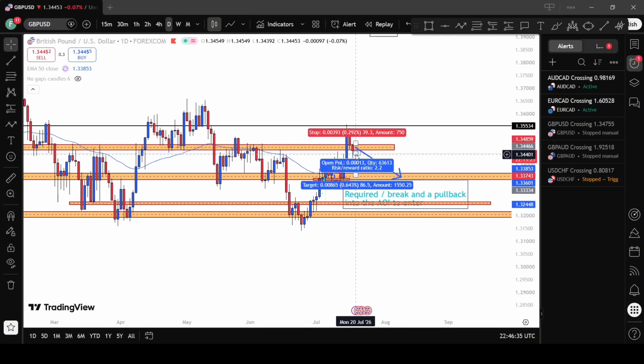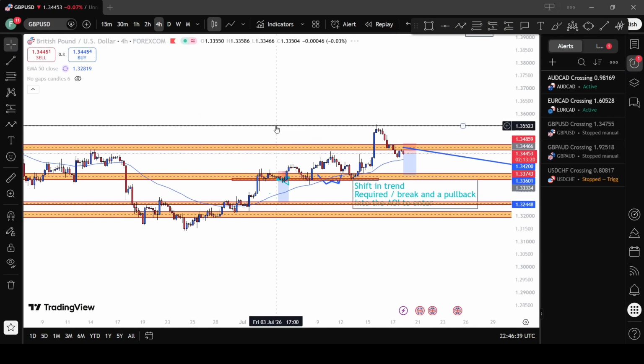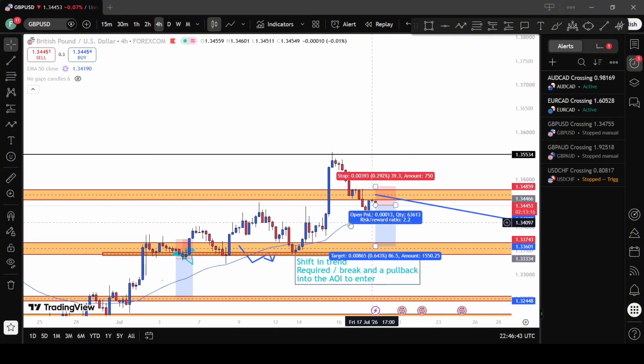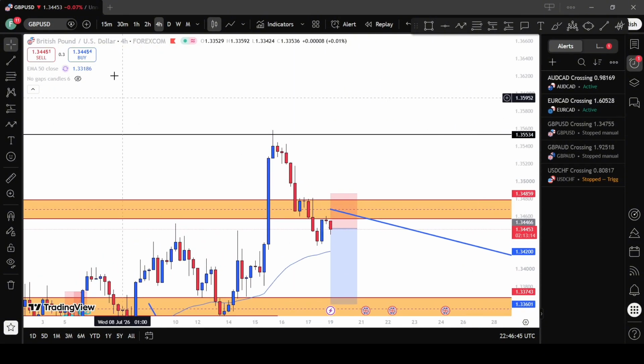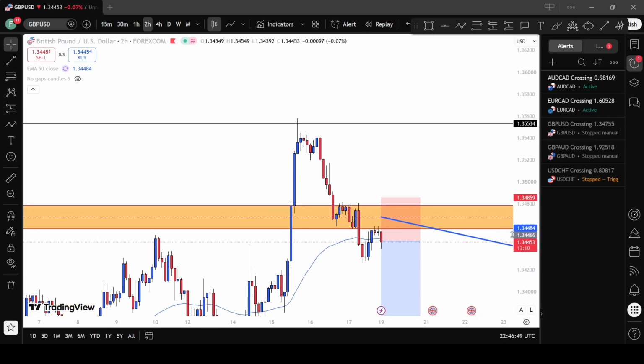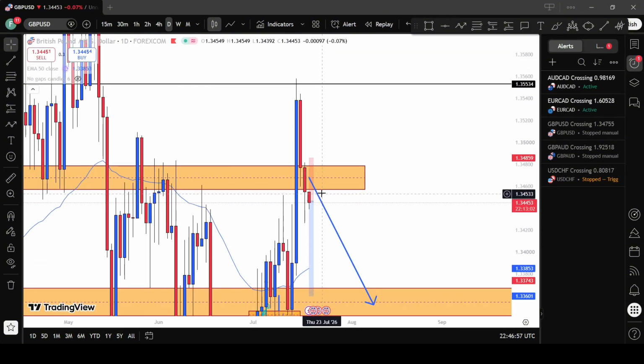You can see here though that we're below this area of interest, so we might just reject from this area of interest to go to the downside, as I am waiting. That's what I want, that's what I'm predicting, that's what I'm hoping for. So, rejection to the downside to sell. Right now, this could have been a sell, but no wick to the upside as yet. Not interested. No daily wick to the upside, so I'm not interested.